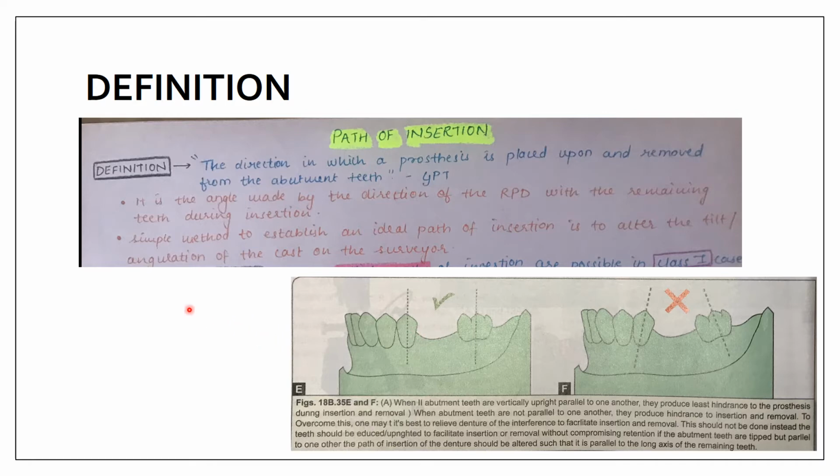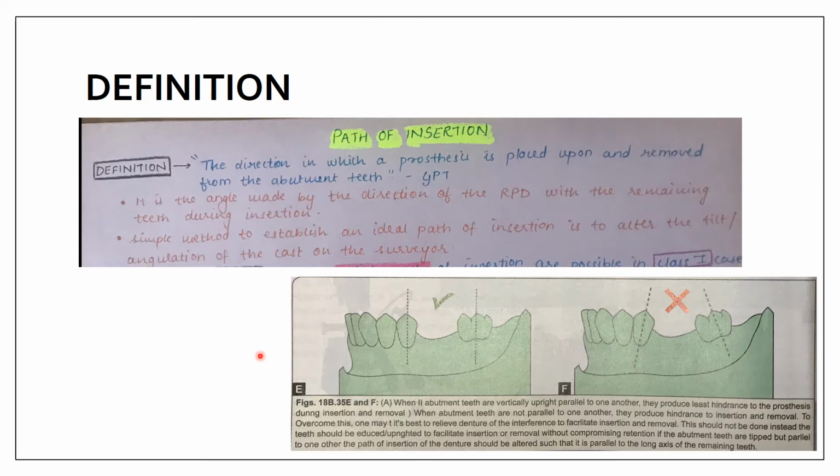And a simple method to establish an ideal path of insertion is to alter the tilt or angulation of the cast on the surveyor. We have seen that while we are doing surveying, we can tilt the cast. So basically it is nothing but to determine the proper path of insertion.